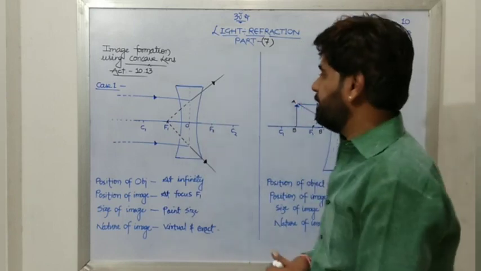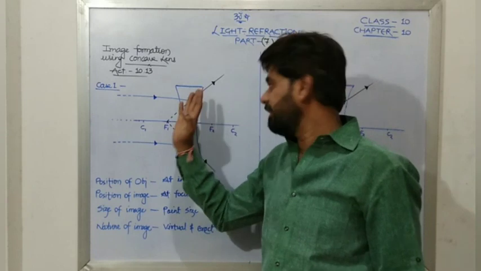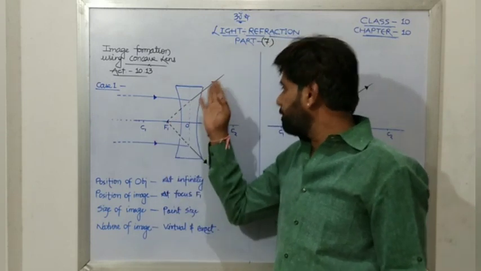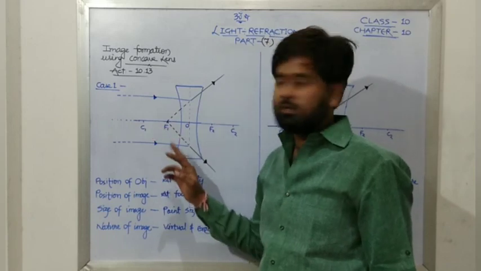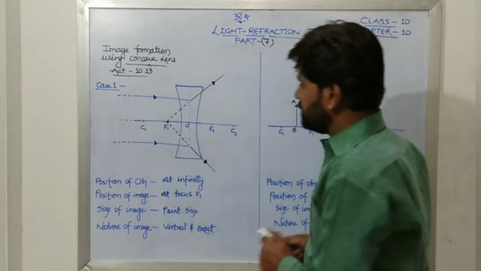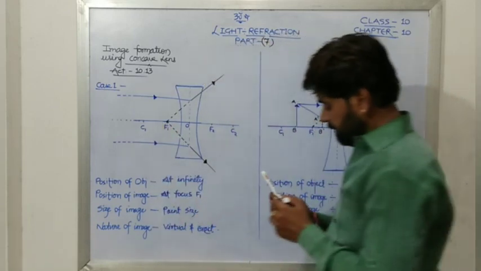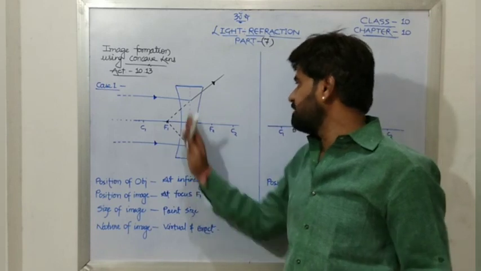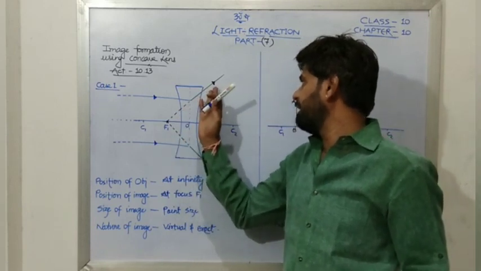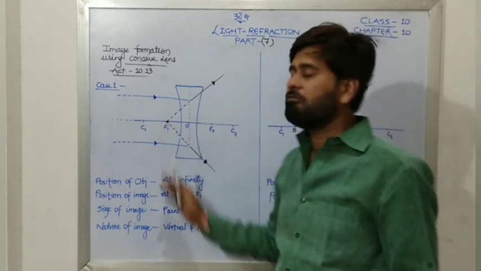So what does it mean? When two refracted rays are either extended or actually meeting, the meeting point is the position of the image. So here the position of the image is at focus F1. As we extended the refracted rays in the backward direction, they are meeting virtually.